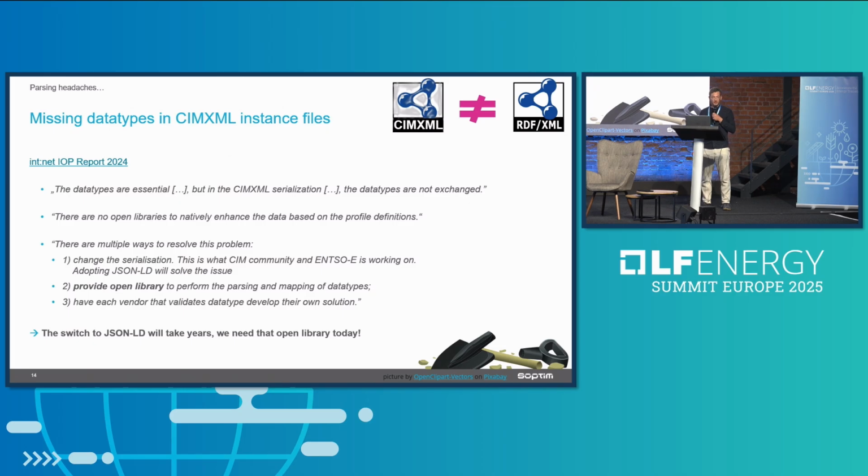Second, provide an open library. And third, have each vendor figure it out on their own. We are stuck with option 3. And I think from the experience, since the 2014 version is not production ready yet, the switch to JSON-LD will take years. So we need that open library today.